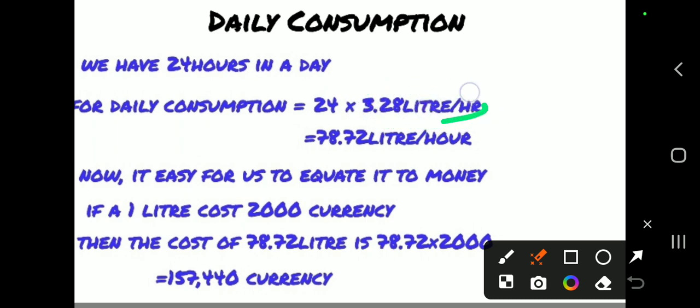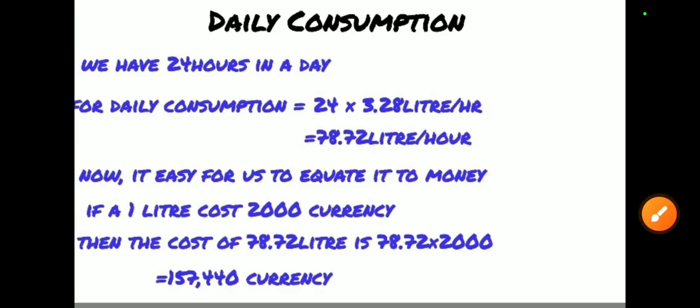This one is per hour. So for 24 hours, we'll have this value as 78.72 liters per day, not per hour. For daily consumption, we have 78.72 liters per day.